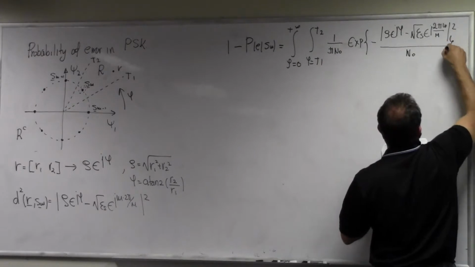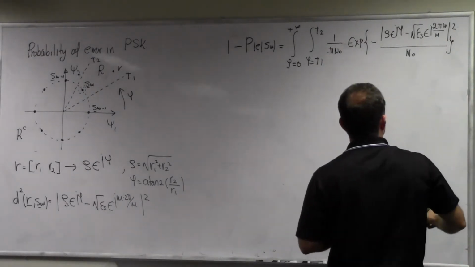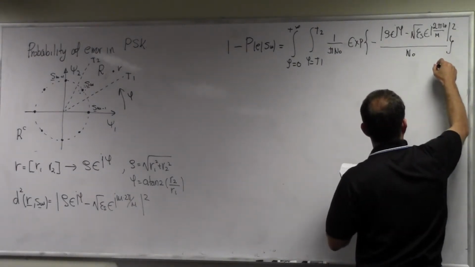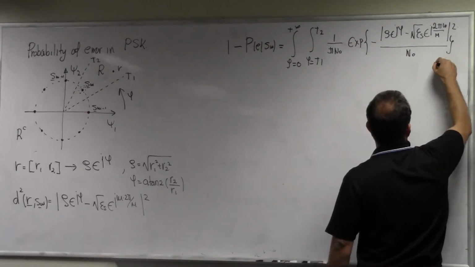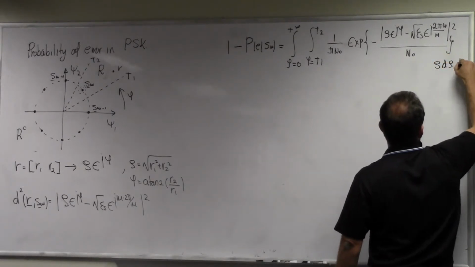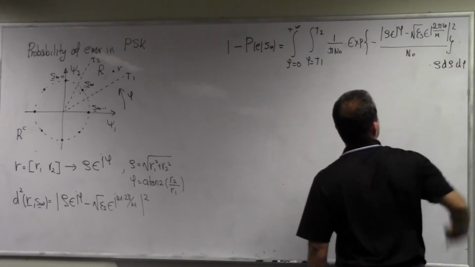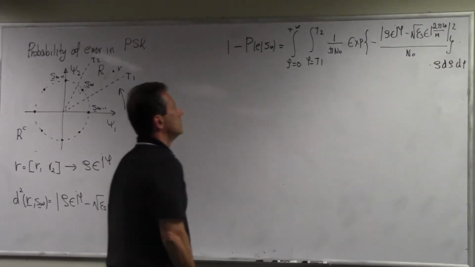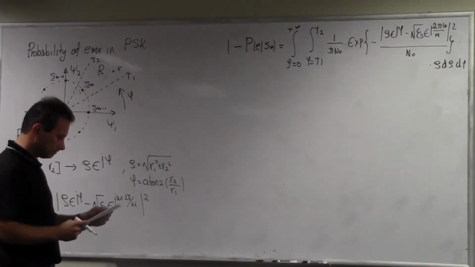So that's my PDF. And then I have to add the element of the area, which is rho d rho d phi. So that's the whole integral that I need to evaluate.